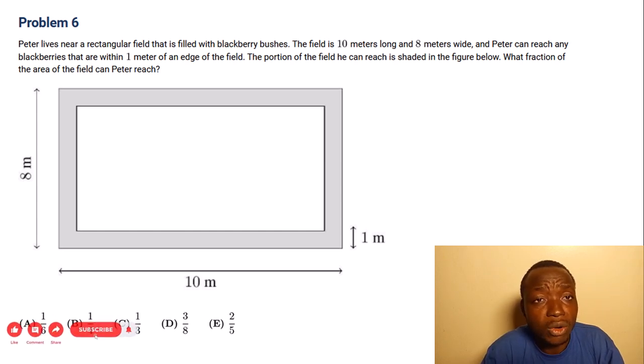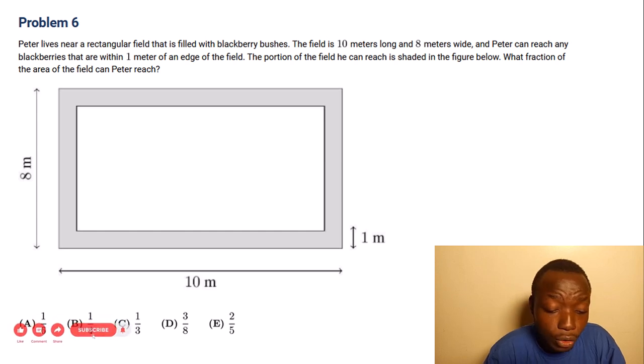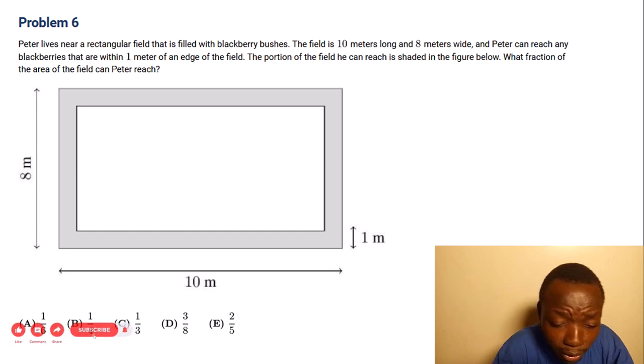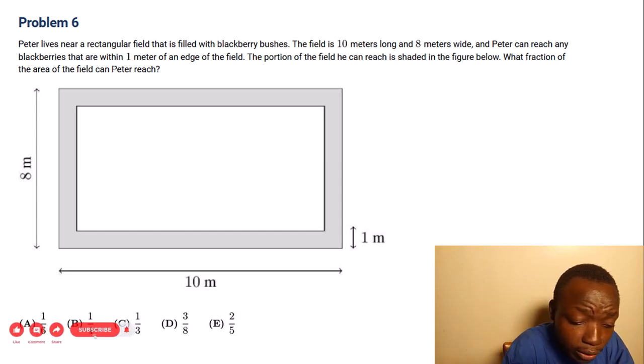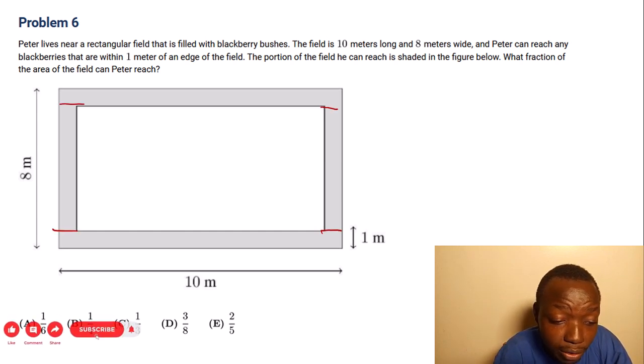So basically, we want to find the fraction or the ratio of the shaded border to the entire rectangle. So let's break down the shaded portion into smaller rectangles. So we can break it down this way. Can break it down this way. So for the upper rectangle, we're going to have that the total area is 10 times 1.